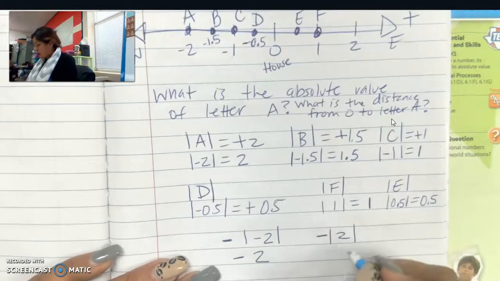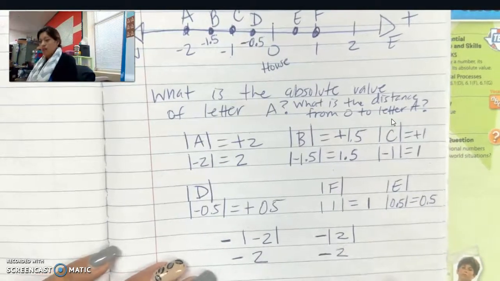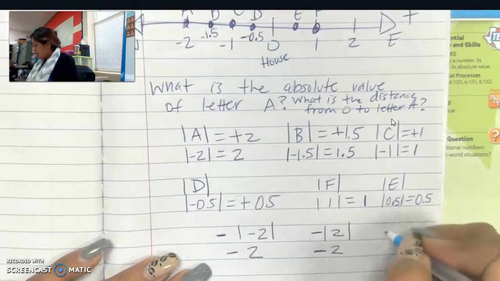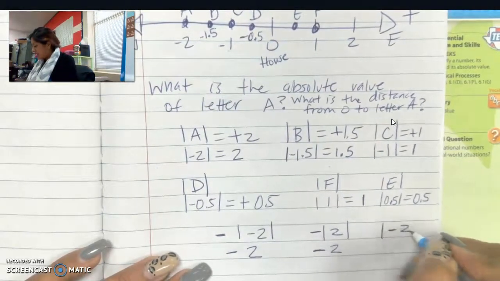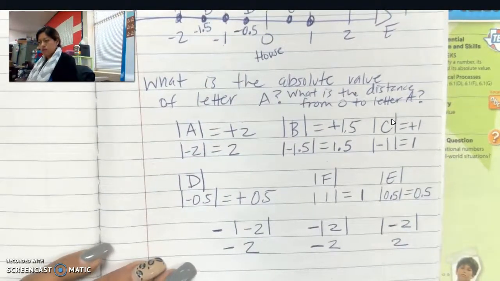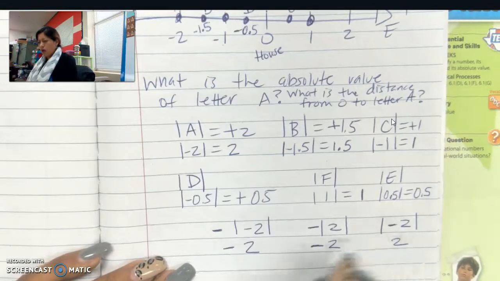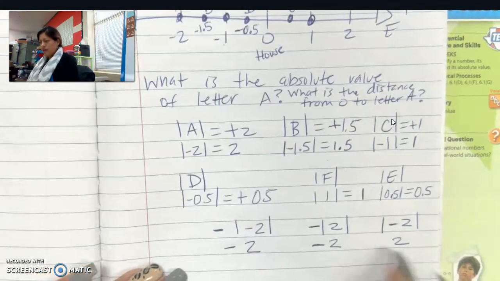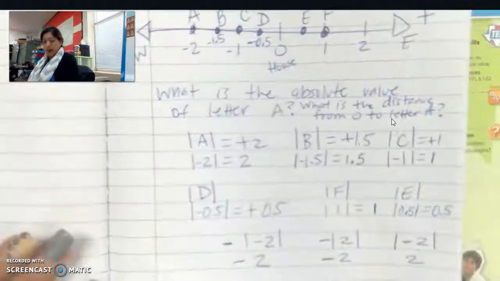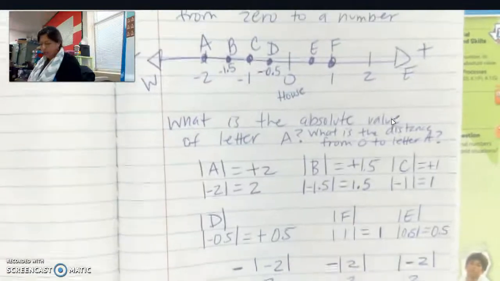Well, that positive stays a positive, and the negative stays. Now, if the negative is on the inside, then this changes to a positive 2. Okay? So all these are negatives, and then this one's going to be a positive. Okay. That's absolute value. We're going to keep talking about absolute value.